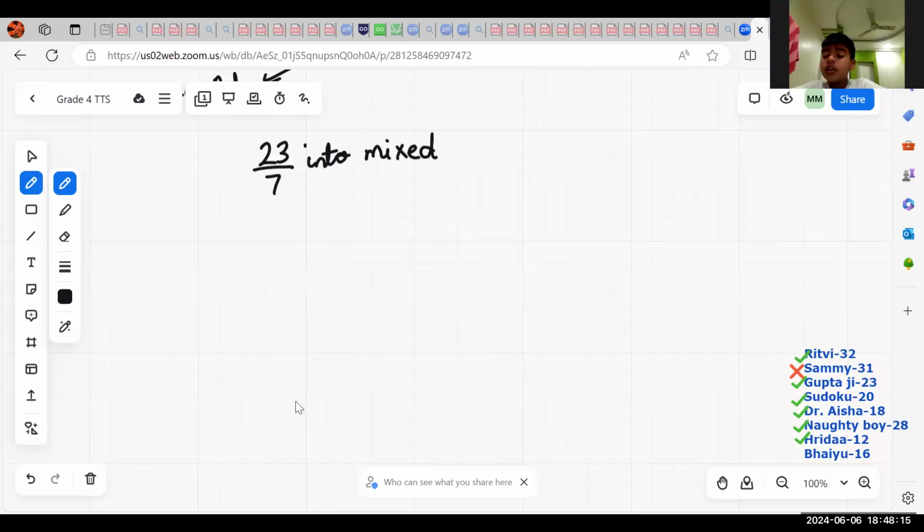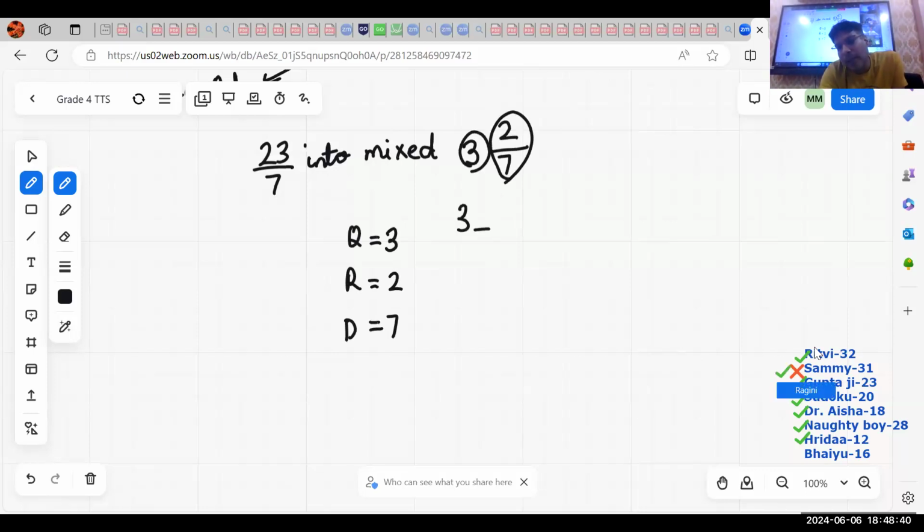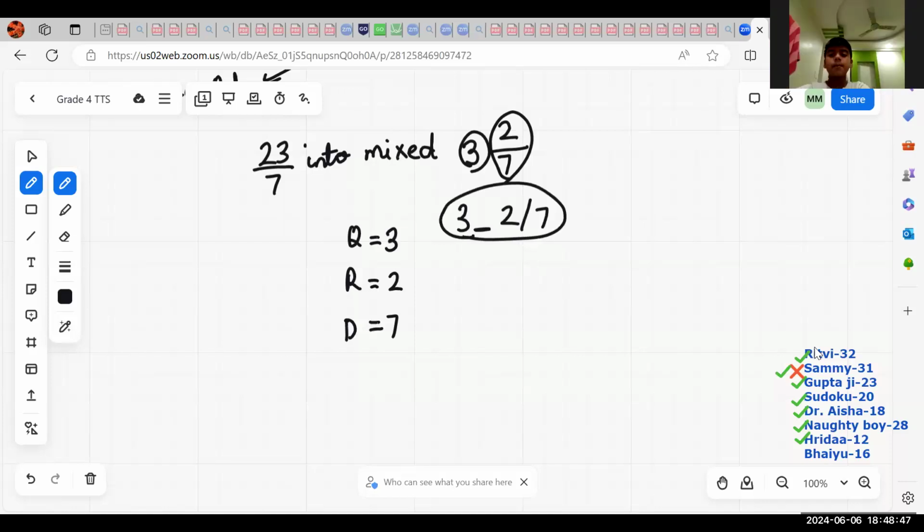Sir, 2, 3 by 7. 2, 3 by 7 नहीं beta. Quotient will be 3. Remainder will be 2. And divisor is 7. So we will write it as 3, 2 by 7. 3 wholes हैं. 2 by 7 is fraction. So in the chat you will give 3 2 by 7. भाई next time से मुझे answer time पे आना चाहिए. समझ आया? Do we understand?